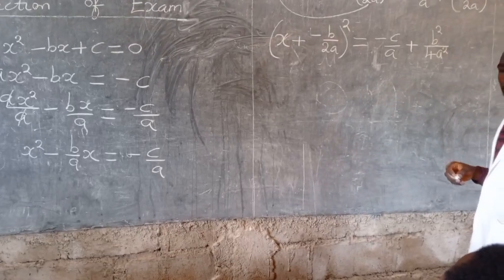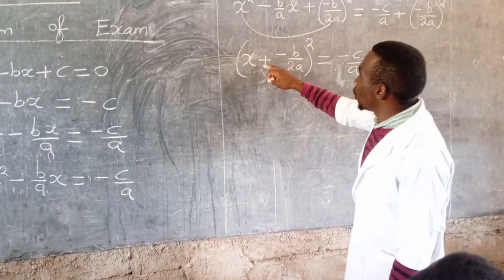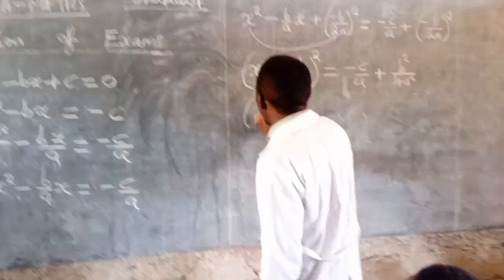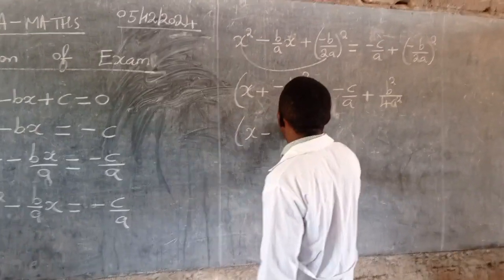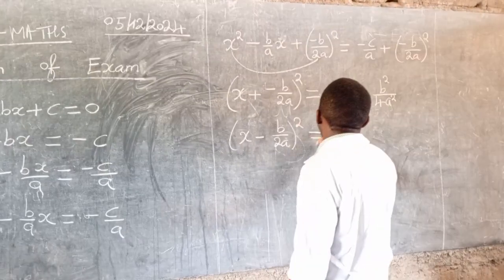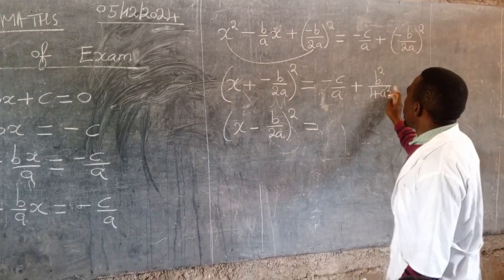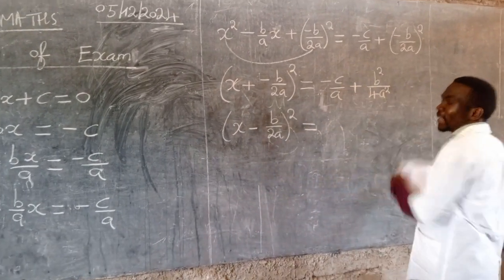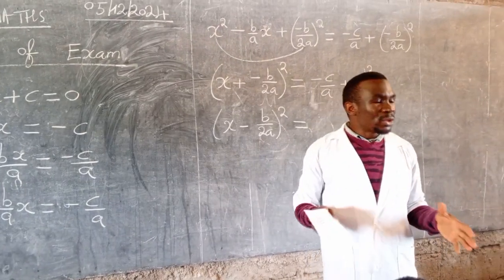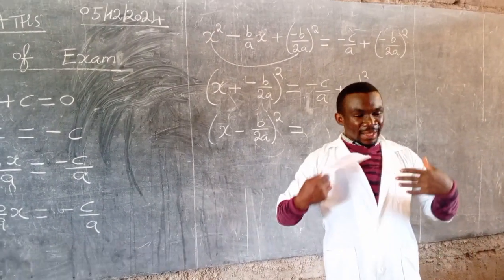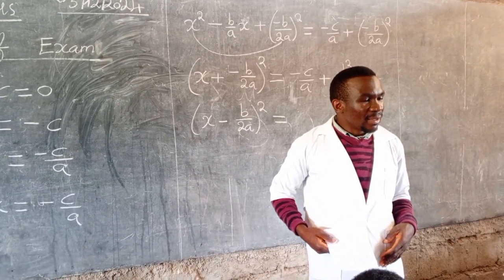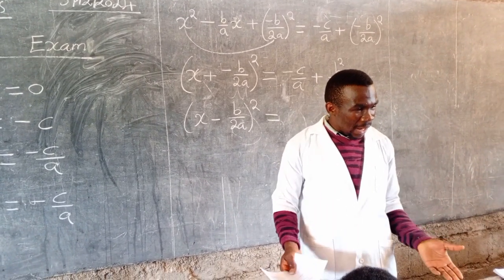That's good. Here we know positive, negative, who stays? Negative. This will give us x minus b on 2a, all this squared, is equal to, here we are going to send in the negative sign. It is like, for example, when putting on your dress, you always send in the wrong side, and the good side of your dress will be out.